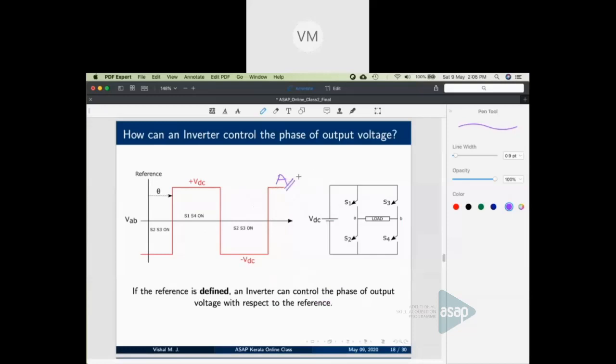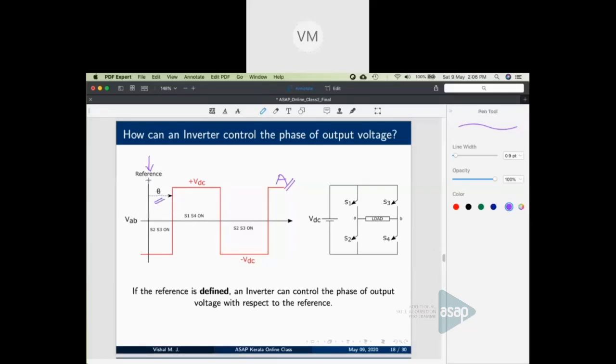This is the DC voltage. This is a single phase inverter. Load is connected between terminals A and B, and I am drawing the waveform of VAB. My reference is this black line. I know this reference, and I have to synthesize my output voltage V at a phase displacement of theta degree. What should I do?